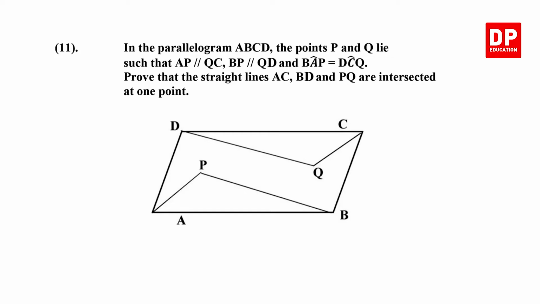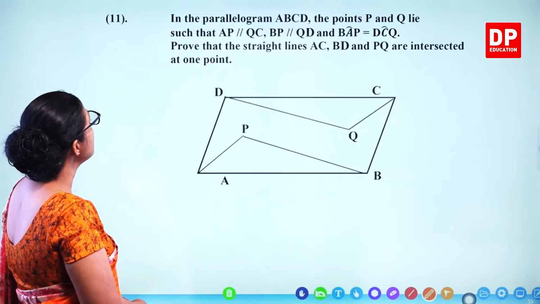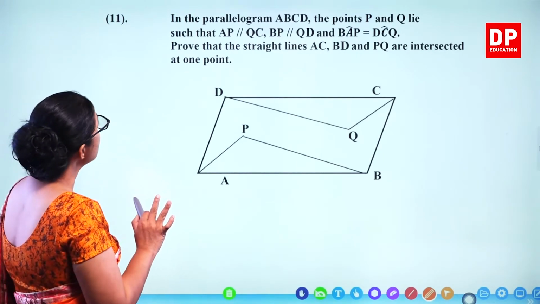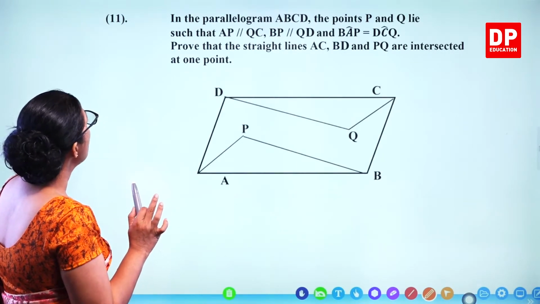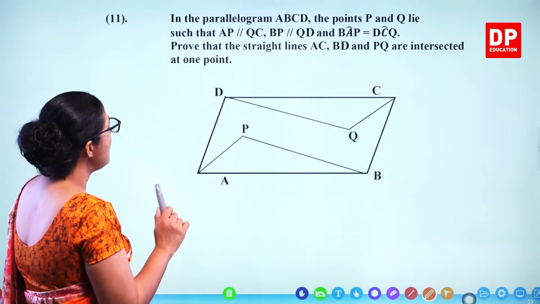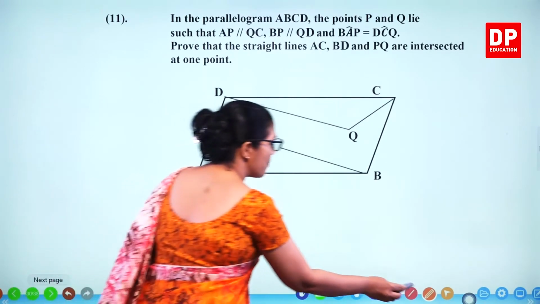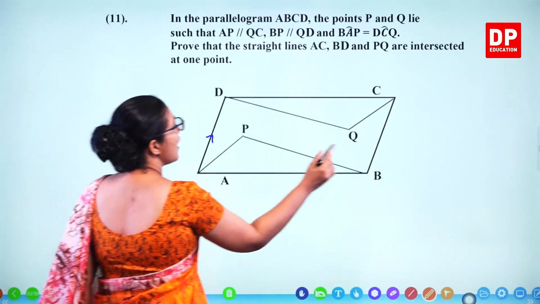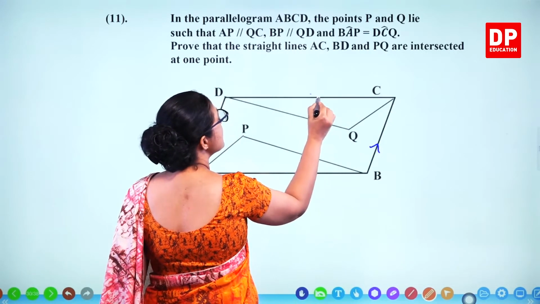Question number 11, this is about proofs. So you have to prove that the straight lines AC, BD and PQ intersect at one point. So we'll mark the information first and see how we can prove that. In the parallelogram ABCD, so it's a parallelogram, that means you can say these two lines are parallel. Opposite sides are parallel.